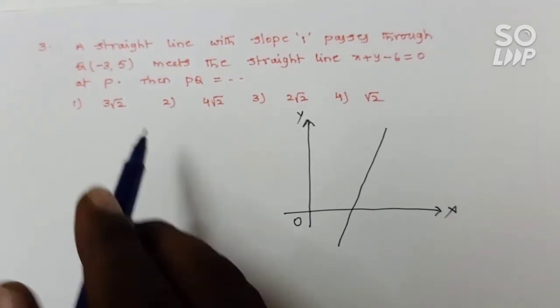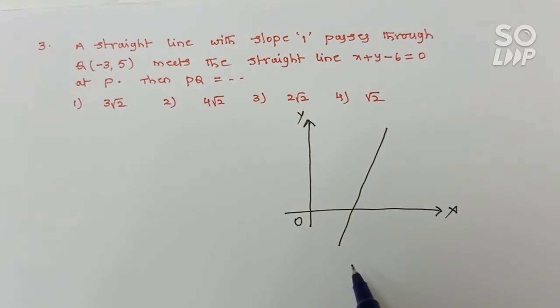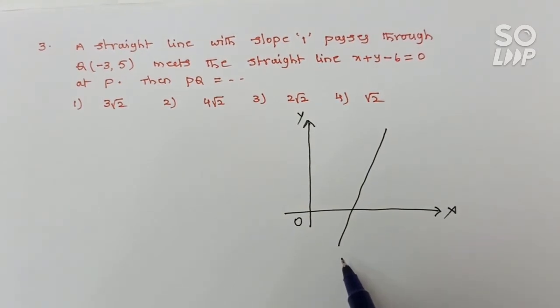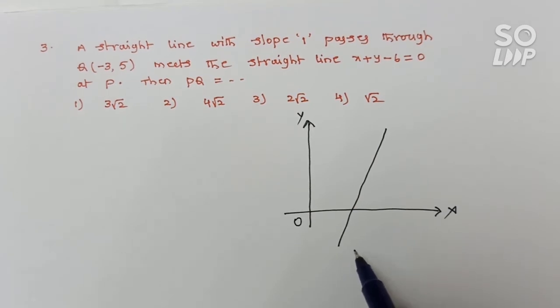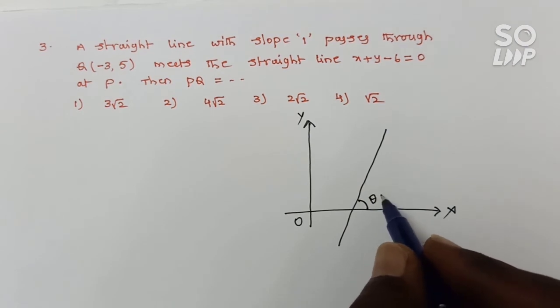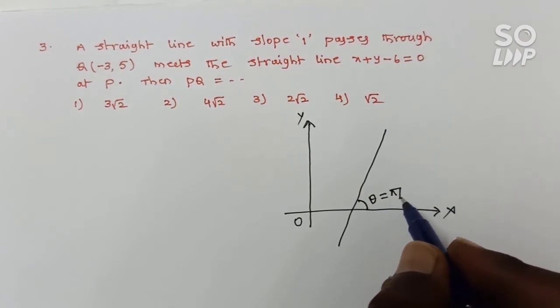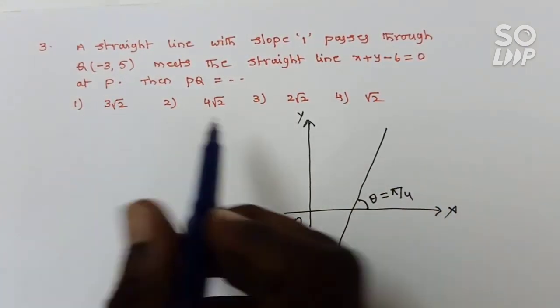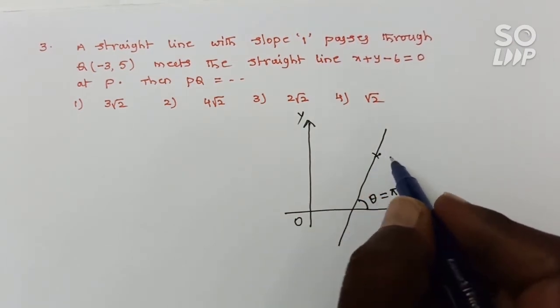Here a straight line with slope 1. Slope is tan theta, so tan theta equals 1 means theta is pi by 4.